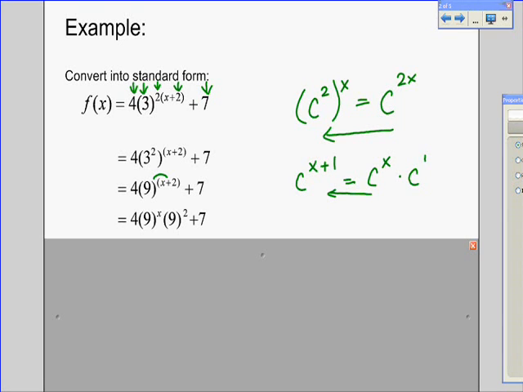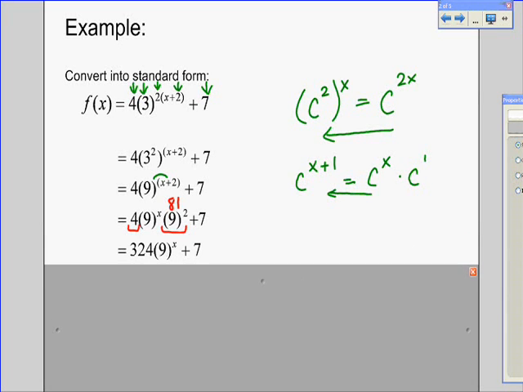Now, we want to simplify further because we know that in our standard form we only have one value a out in the front. So why not take this 9 to the power of 2 and simplify it to be 81. And then we can actually multiply that by 4. That gives us 324 and leaves us with just 9 to the power of x plus 7.